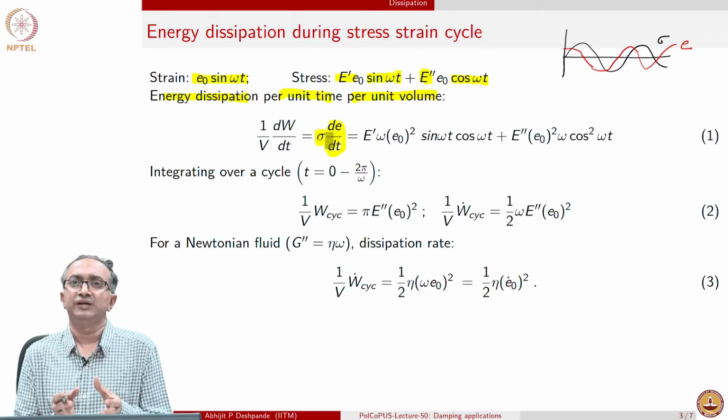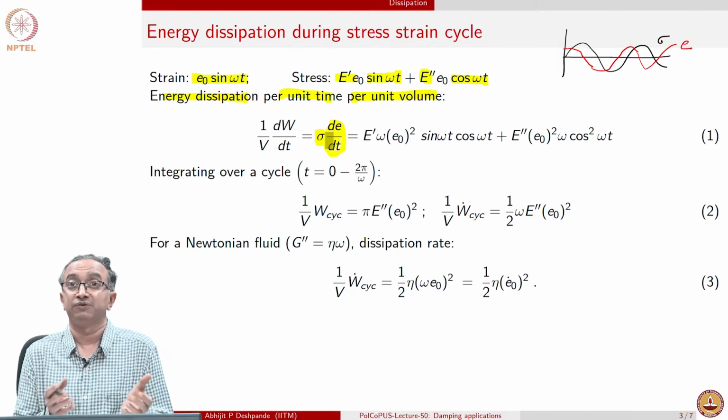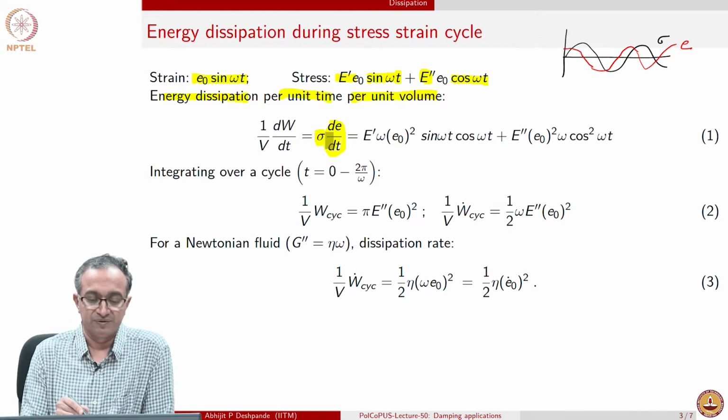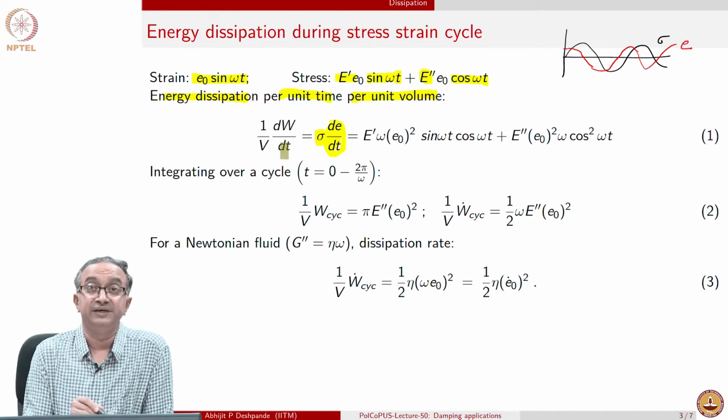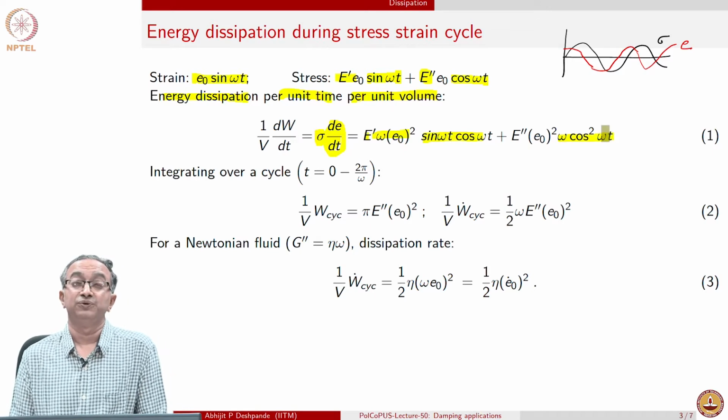And so, we have assumed only linear viscoelasticity, otherwise it could be a material of any different kind, because we have not specified what is E prime and what is E double prime. So, in general then the overall power per unit volume is going to be given by some functions of sine and cos.